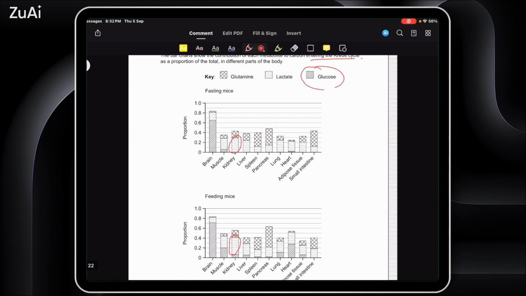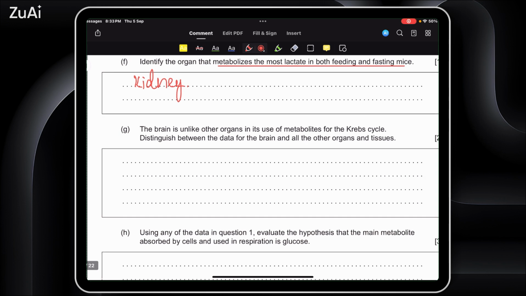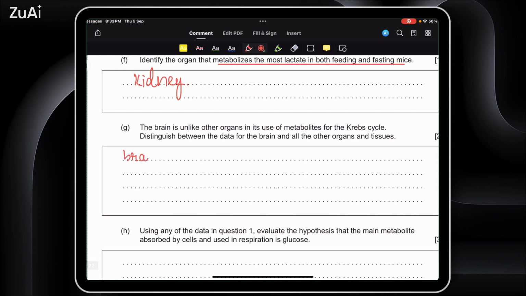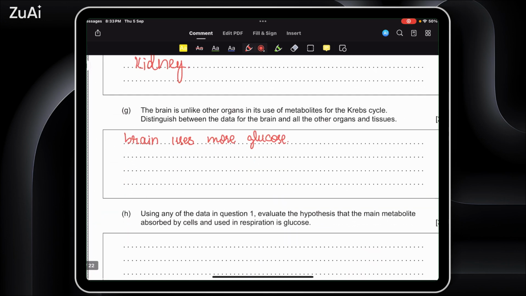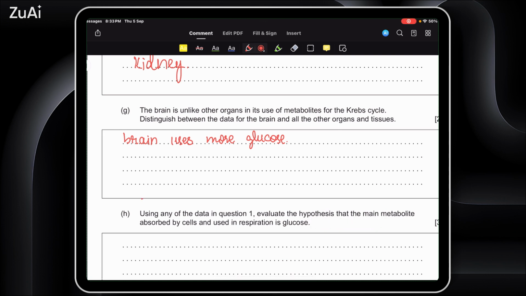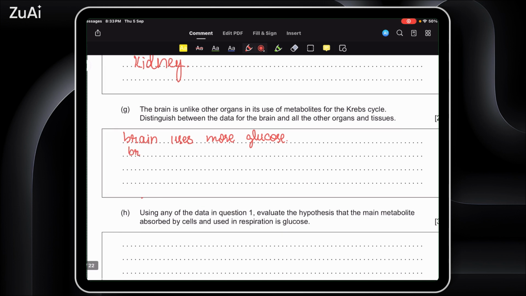That's why we can say that the brain uses more glucose, and also the brain uses a greater total proportion of these metabolites.